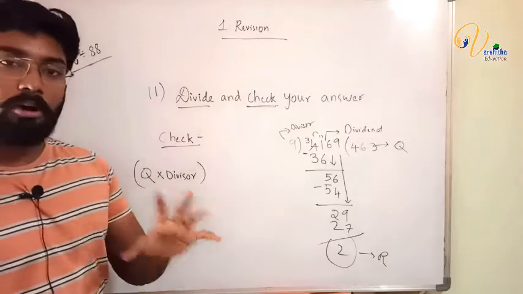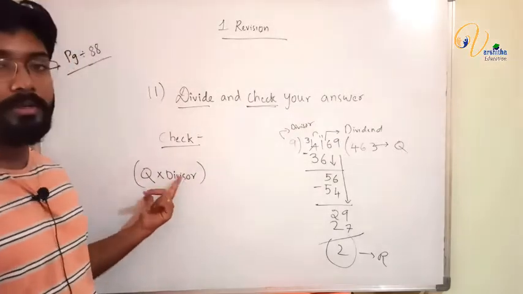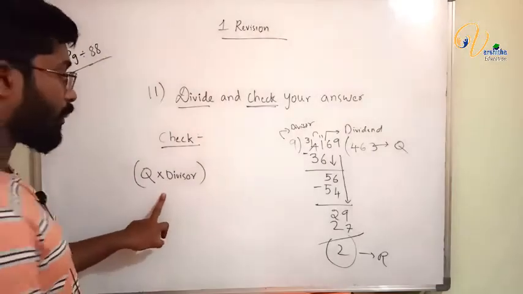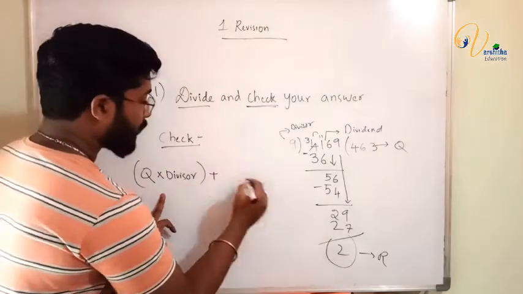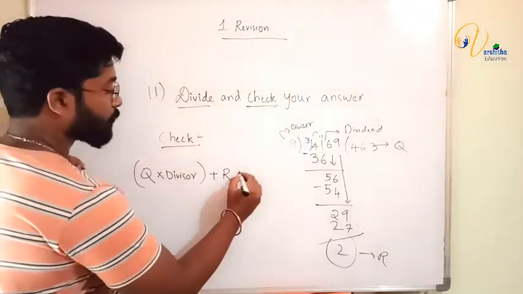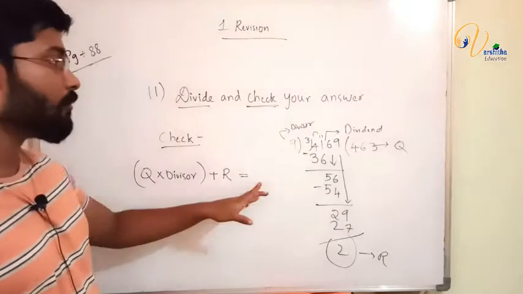You will get one product. If you are multiplying two numbers, you are going to get one product. If you add the remainder to that product, it should be equal to the dividend.